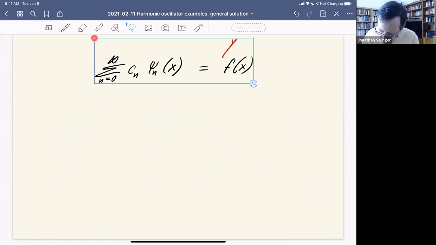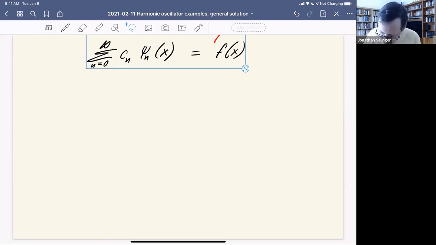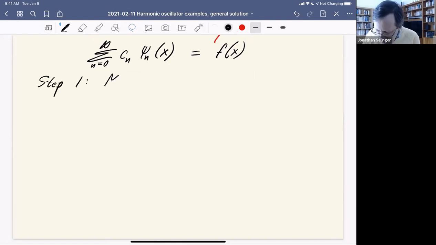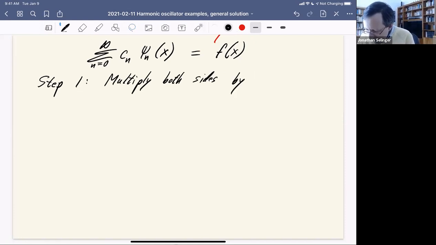Step one is multiply both sides by one of the psi of x's.